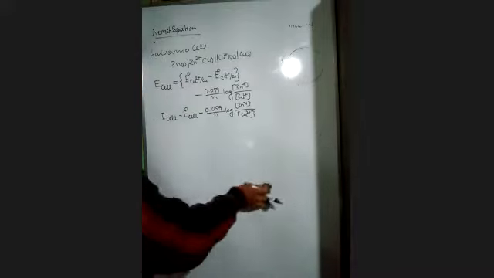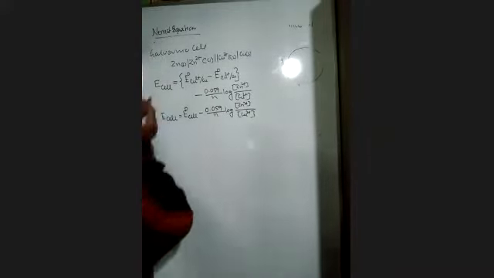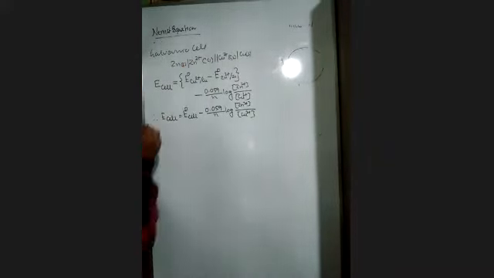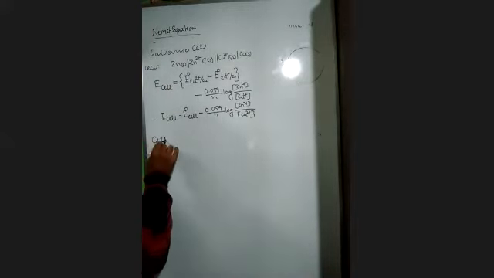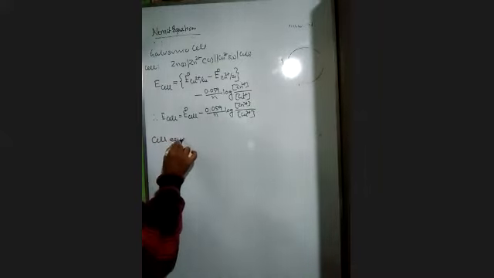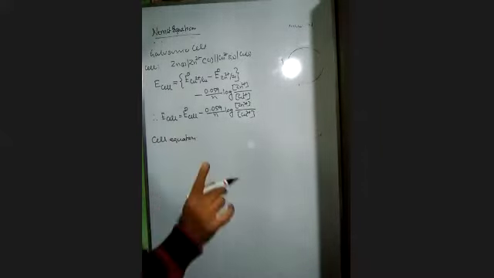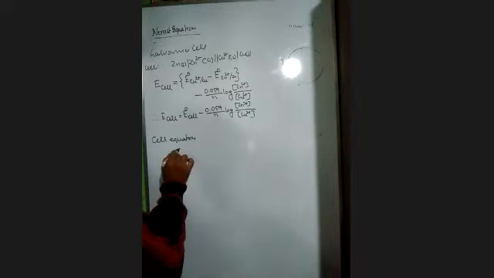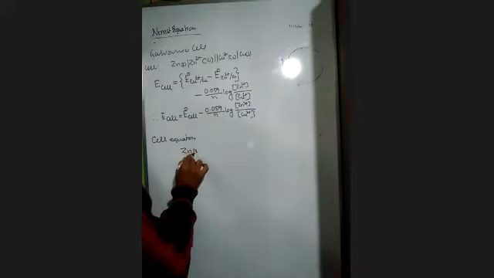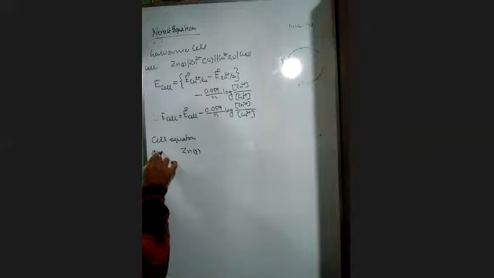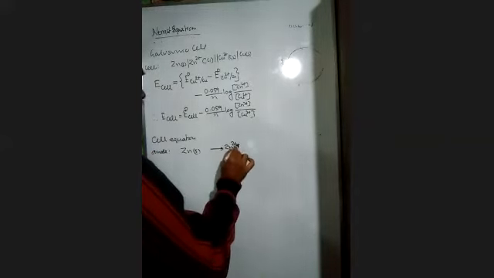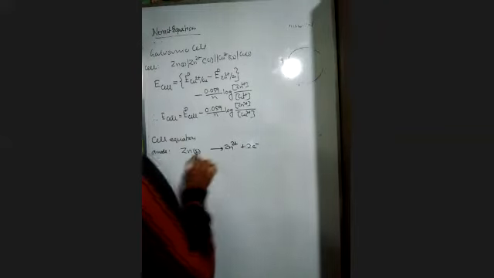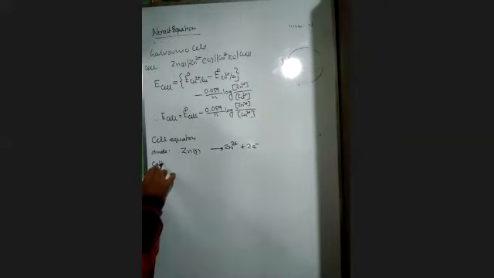So I'll write the equation of the galvanic cell. Okay, see here. This is the cell. Then we'll write now here the cell equation. In cell equation, what do you do? First, you write the reaction of anode. So it is Zn(s) gives us Zn2+ plus 2 electrons. This electron goes to cathode.